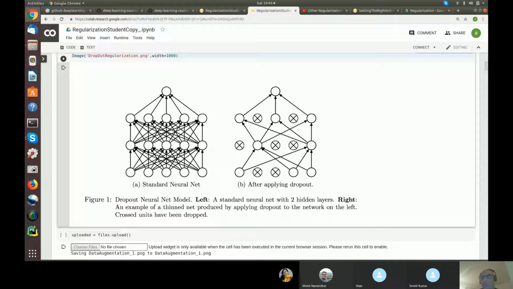So it's more distributed throughout the network. And that tends to have a more balanced network, and that reduces the overfitting.